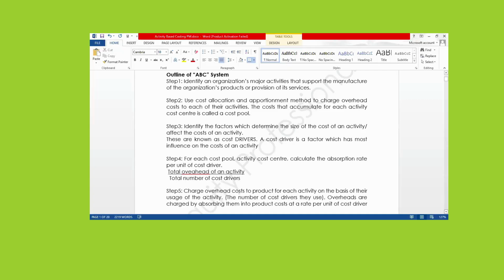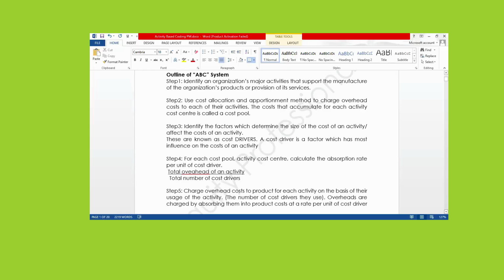These factors are called cost drivers. A cost driver is a factor which has most influence on the cost of an activity. A cost driver is that factor that causes cost.